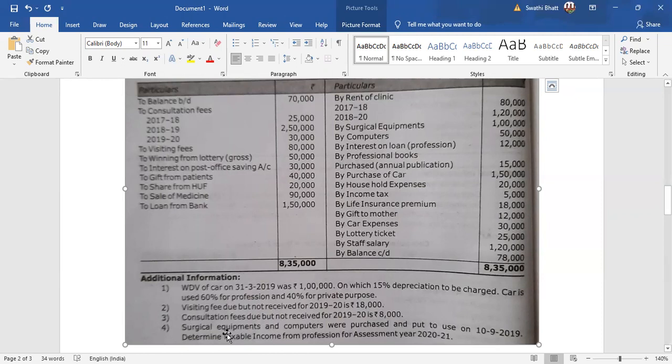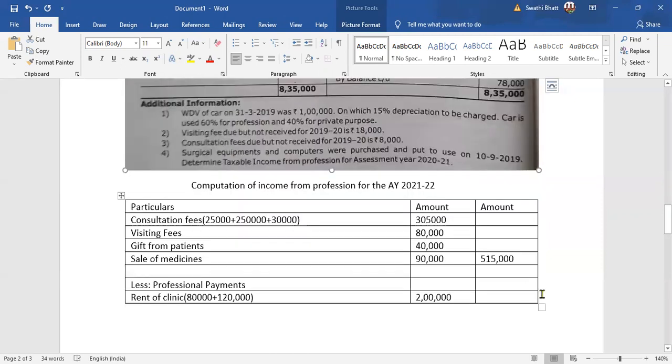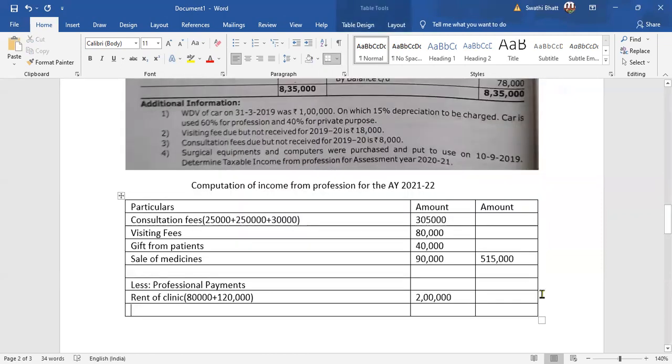If you look at this, surgical equipment and computers were purchased and put to use on 10/9/2019. So when it comes to surgical equipment, the amount is 1 lakh.